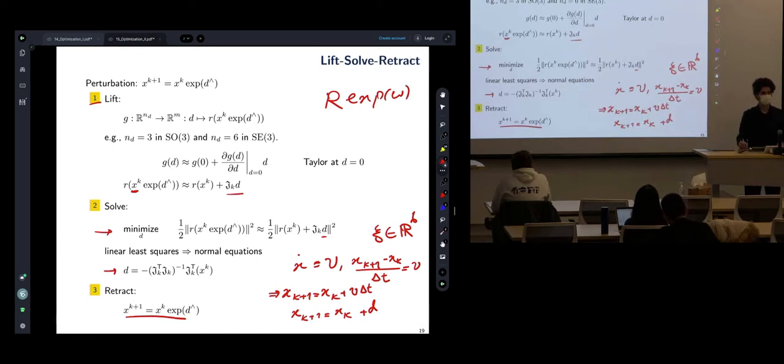Omega, the angular velocity, was in the Lie algebra, in the body frame. But rotation can be anywhere. So the delta movement is in the Lie algebra, but the actual configuration is not necessarily. And because we solve for this delta, we can always linearize at 0.